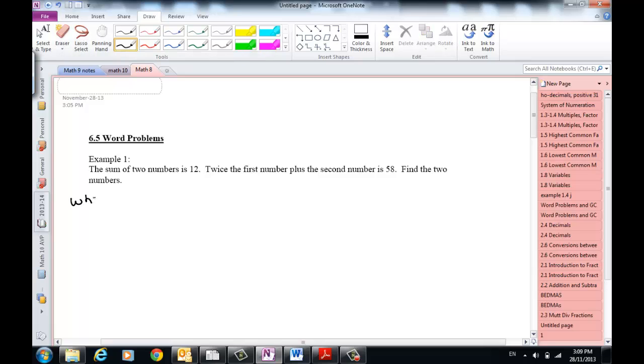So, what do we know? Well, the first sentence says the sum of two numbers is 12. And the "is" really just means equals. So I'm just going to write equals 12. So I don't know what either of the numbers are.